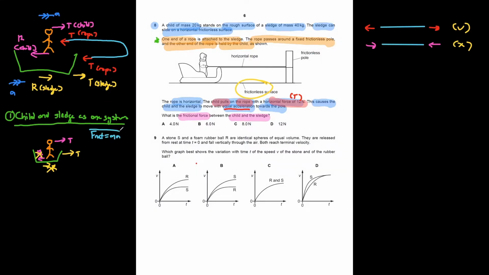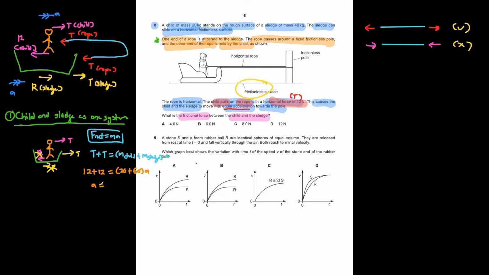right over here, we will have T plus T equals the mass of the child plus the mass of the sledge, times A. You start to sub in the values: 12 plus 12 equals, with the mass of the child being 20 kg and the mass of the sledge being 60 kg.